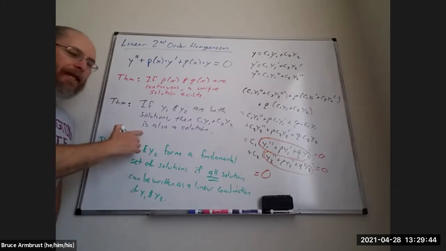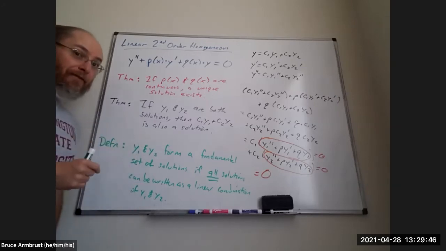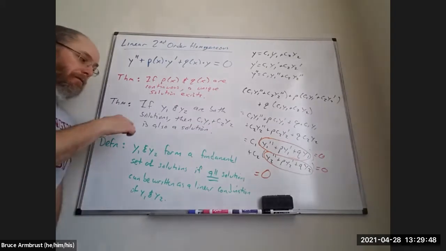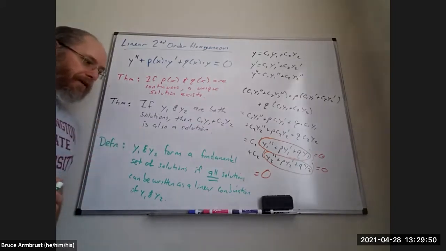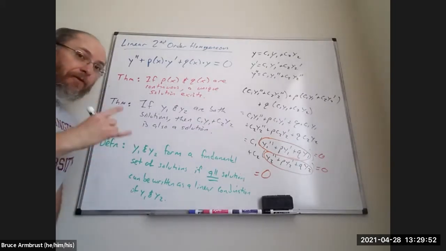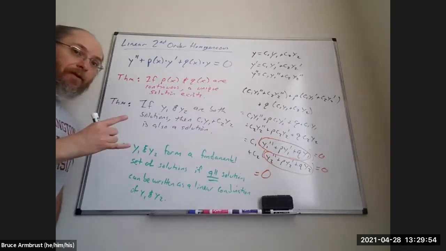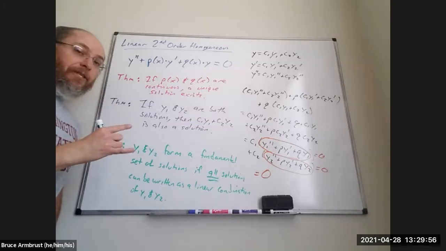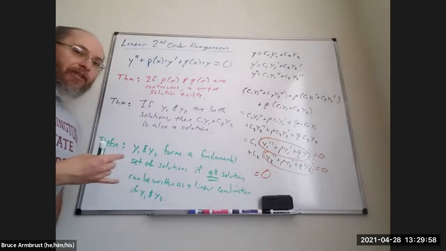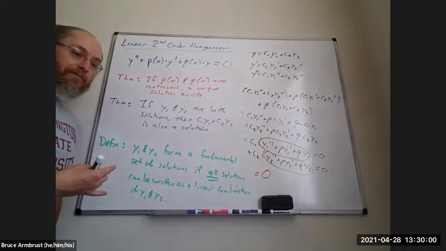So this is very related to this theorem, but I want to point out the difference. The purple theorem says if you have two functions or two solutions to the differential equation, that any linear combination of them is also a solution.